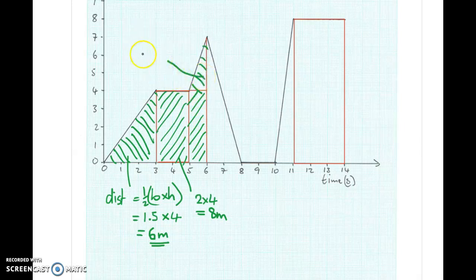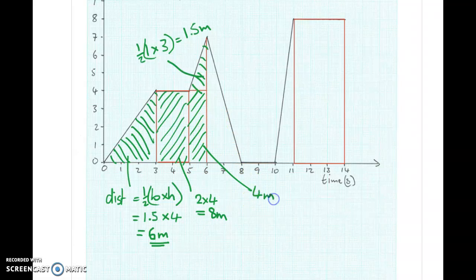That's half of 1 second times a height of 3. So it's actually half of 3, so it's 1.5 meters. For this rectangle we have 1 times 4, so 4 meters for that one.